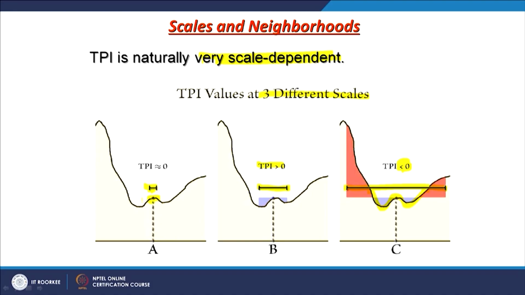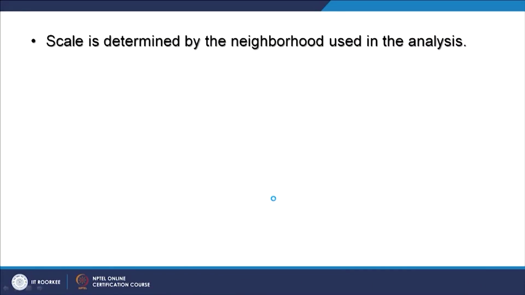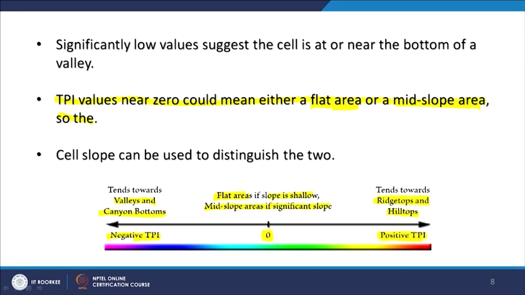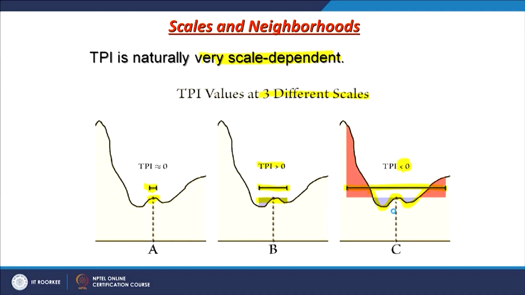This would be identified as a ridge top, this would also be identified as a ridge top or maybe some other category, like here, where you are seeing positive values, ridge top or hilltop. But when the resolution is very coarse, then this is a negative value, that is, valley bottom.